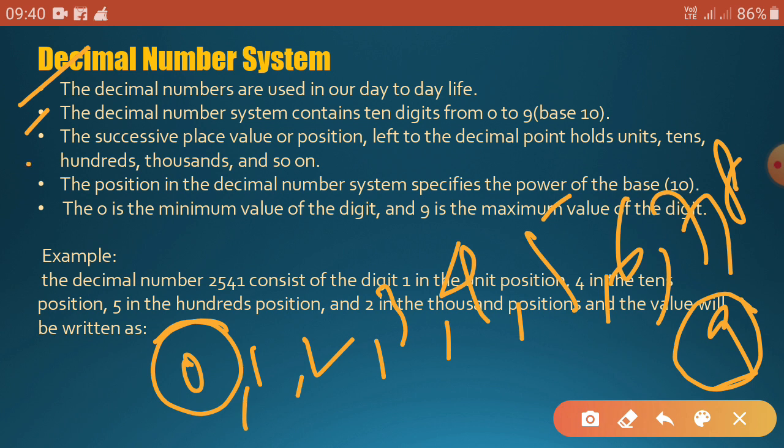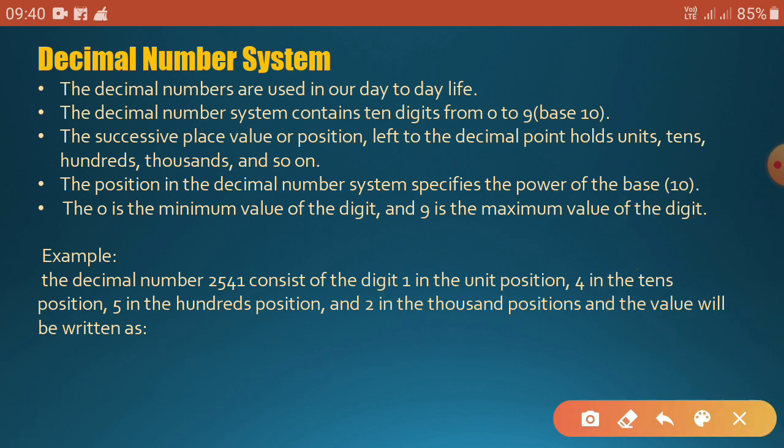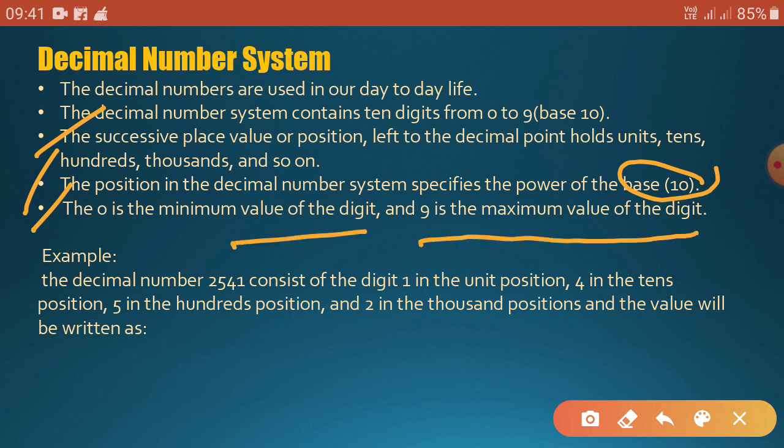Number 3, successive place value or position left to the decimal point holds units, tens, hundreds, thousands, and so on. The position in the decimal number system specifies the power of the base 10. The 0 is the minimum value of the digit and 9 is the maximum value of the digit.